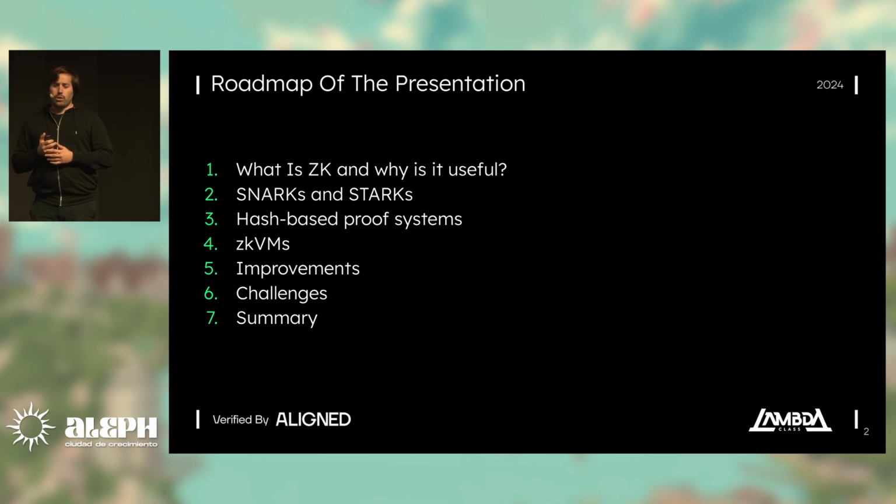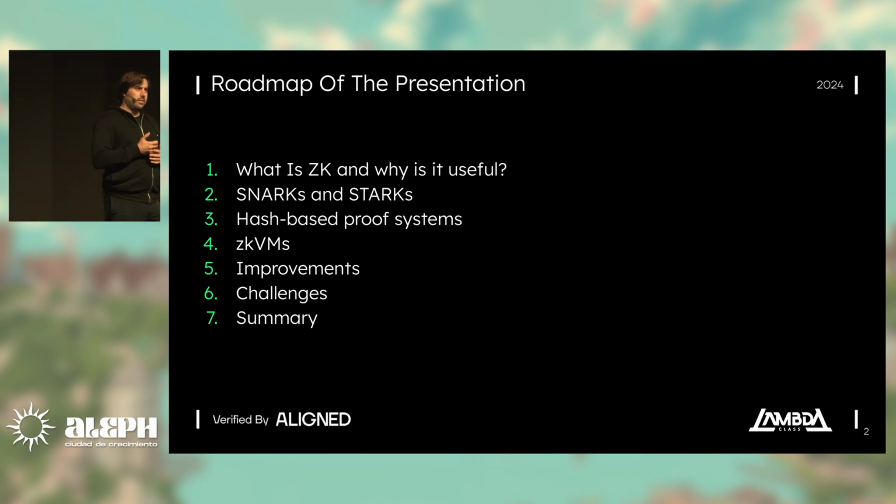And then I am going to focus on hash-based proof systems, which we also call STARKs, because they offer some performance advantages. Then I am going to talk a little bit about the development of ZKVMs and how that improves the development of provable applications, and then some recent developments that we believe will accelerate the adoption of ZK technologies.